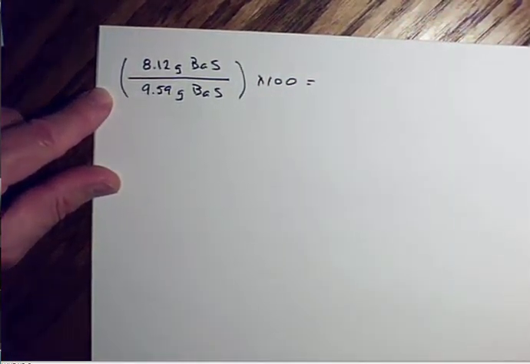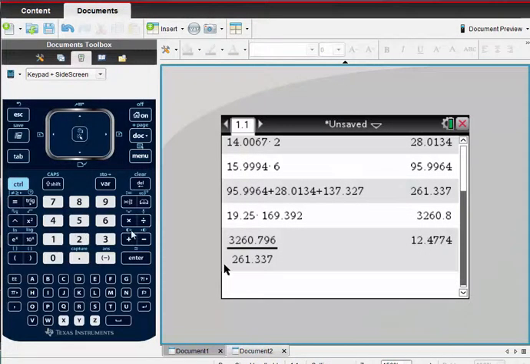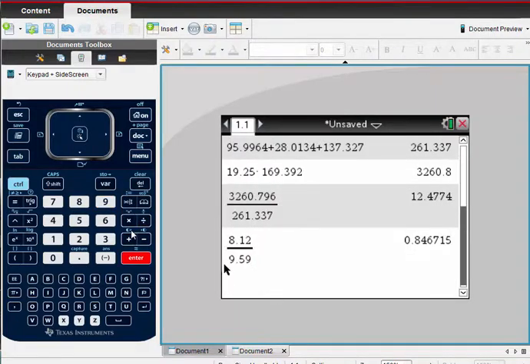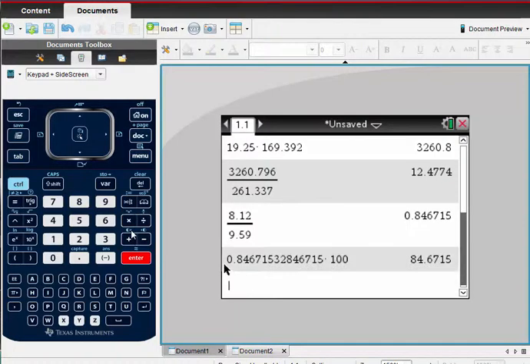Okay. So 8.12 divided by 9.59, and then times 100, and we get 84.6715.